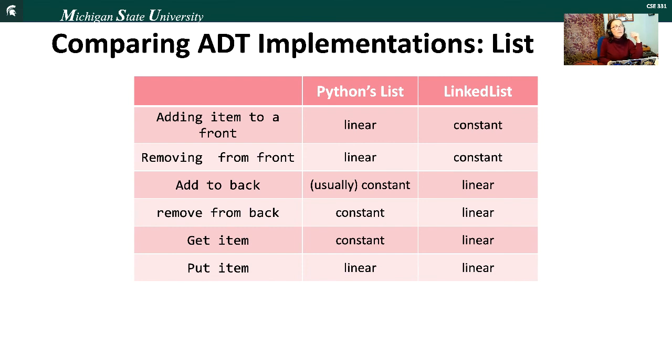Removing from the back, again, is going to be linear in a linked list, depending on the type you use. The reason we give you a doubly linked list as your first project is that it tends to be the most efficient. Singly linked lists are not that efficient in terms of runtime when it comes to these essential operations. For get item and put item, it's a similar idea.